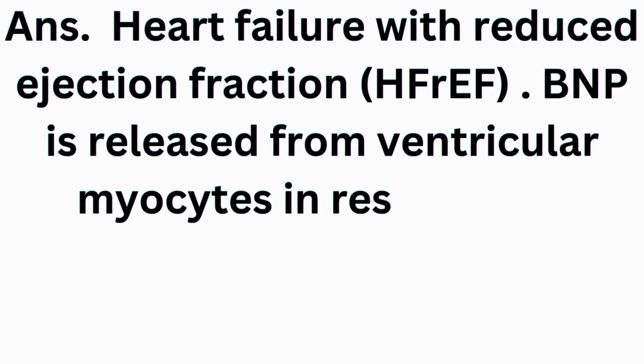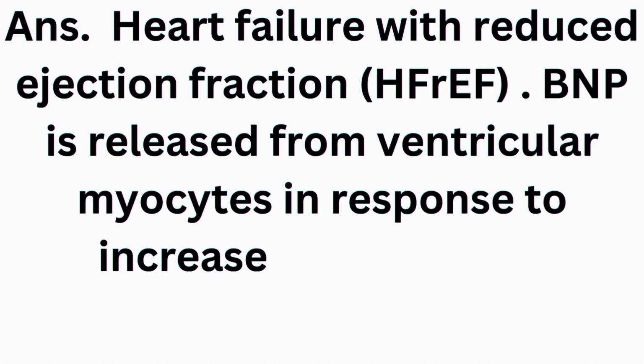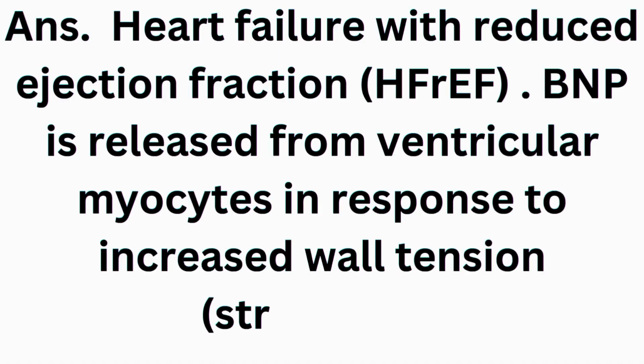The primary reason for this severe elevation in BNP is the increase in ventricular wall stress, which is caused by volume or pressure overload. You know, the BNP is released from ventricular myocytes in response to increased wall tension.